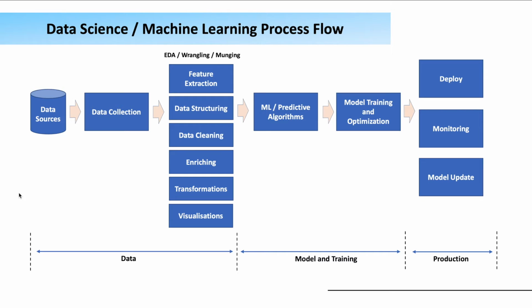And so those transformation steps, or cleaning, structuring, feature extraction steps, are lovingly called data wrangling or data munching. There are a number of different terms that are used in the industry. So based on your context, you can use a terminology that best suits you. But these are broad steps that are followed after data collection.